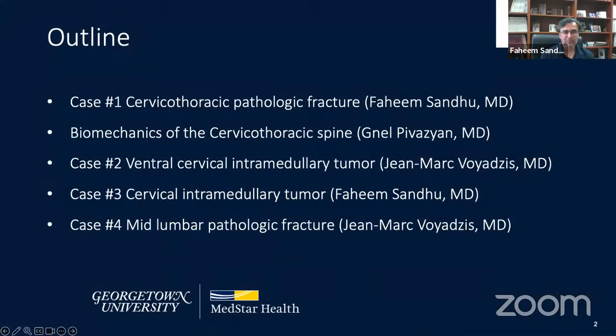We've chosen some cases that represent kind of bread and butter metastatic tumors, as well as complex metastatic tumors requiring some real biomechanical stabilization and considerations, as well as challenging intradural, intramedullary pathologies that have some nuances regarding the use of microsurgical techniques, ultrasound, and intraoperative neuro monitoring. So with that brief introduction, I think we can get started.